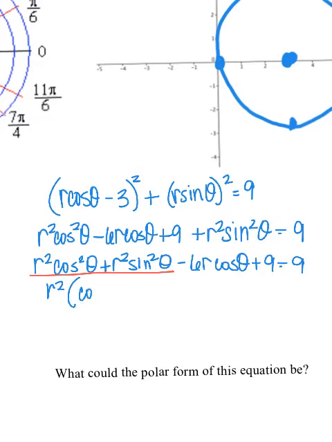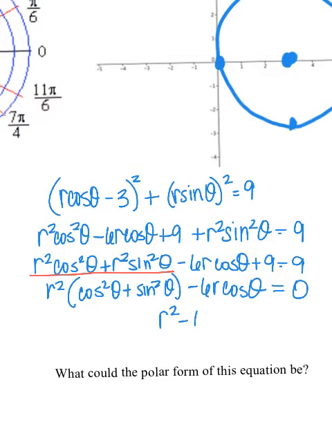So that's going to give us cosine squared of theta plus sine squared of theta left, minus 6r cosine of theta. And let's go ahead and subtract that 9 to the other side so that we get 0. So now I'm left with r squared minus 6r cosine of theta equals 0. And if I factor out an r, I get r times r minus 6 cosine of theta.